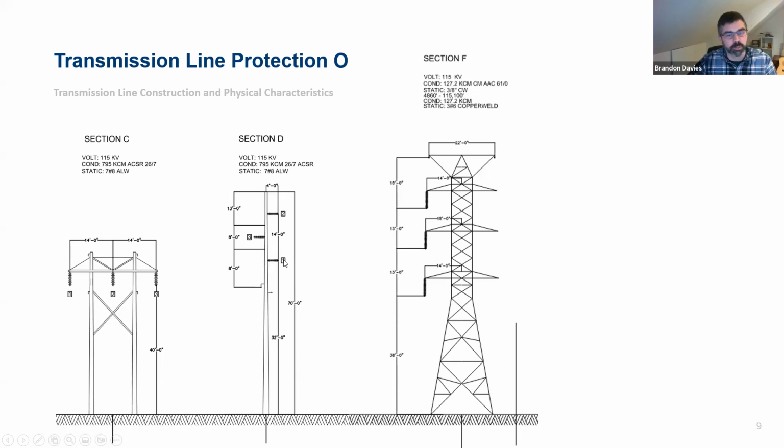I'm not an insulator expert by any means, so I'm sure there's a lot of stuff that goes into specifying and selecting transmission line insulators for various applications. But in general, that's really what they're there for, is to prevent an electrical path from the conductor to the tower itself, which would be a fault.